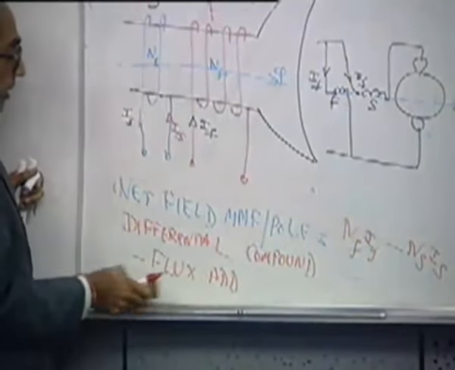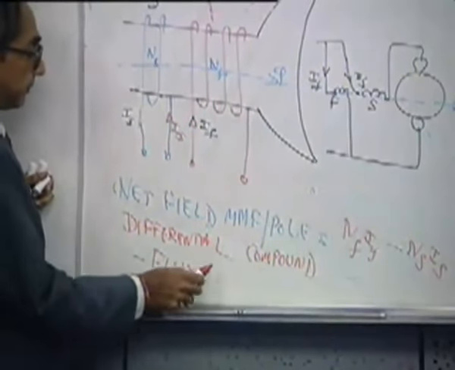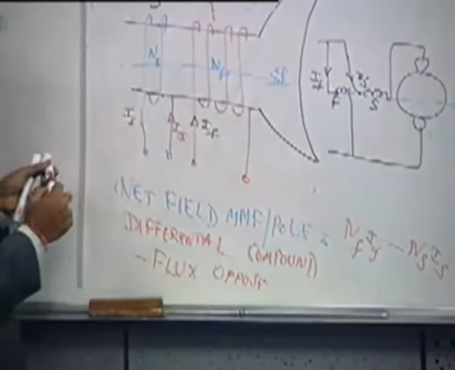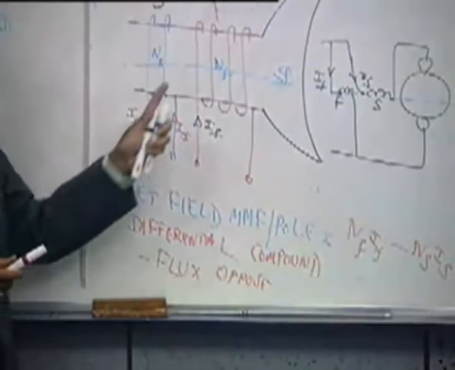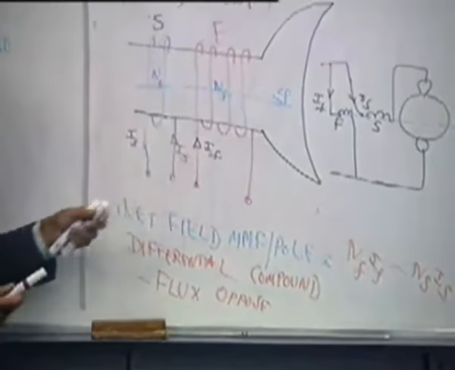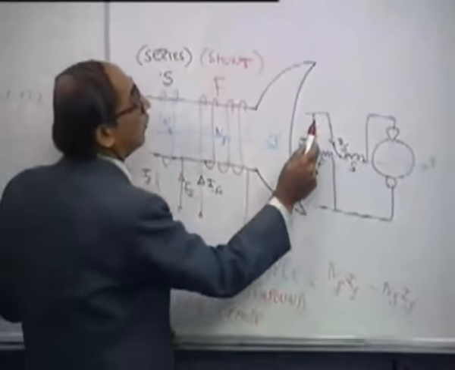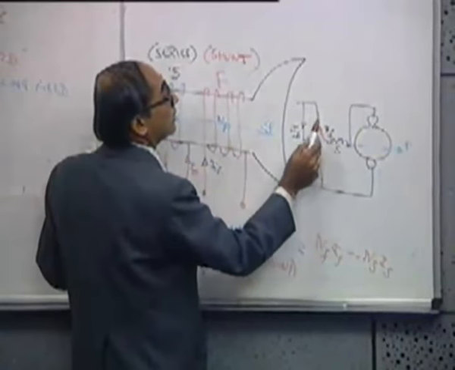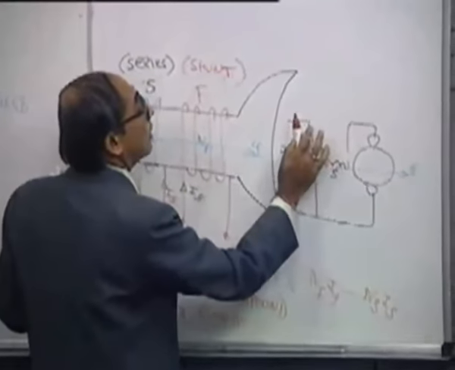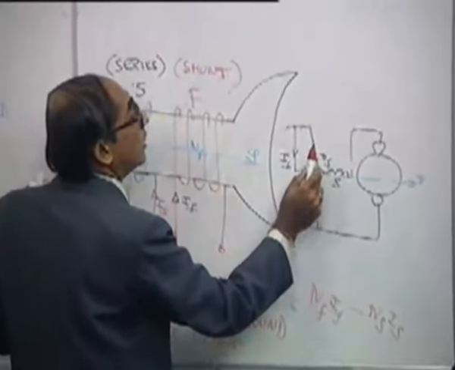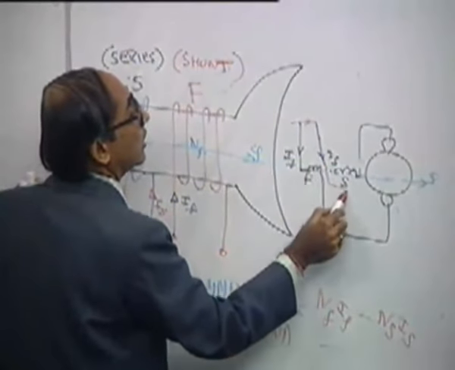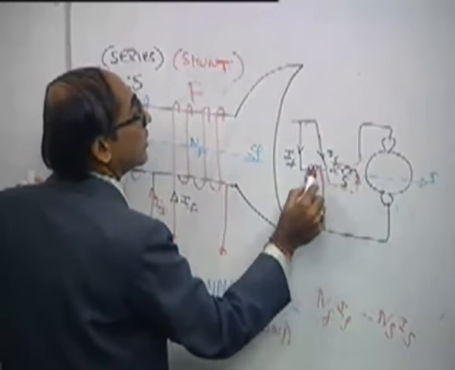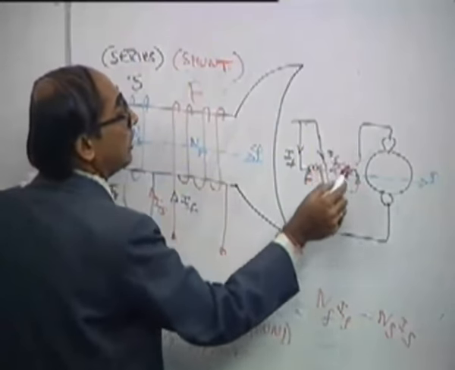That means the fluxes oppose. That means the series flux will oppose the shunt field or the main flux. So in this case, instead of current flowing like this in the series field, it will be flowing in the other direction. So you may connect it, if the current is going like this, you just exchange, so the current will go like this, enter from the other direction and go back. So this will be differential compound.